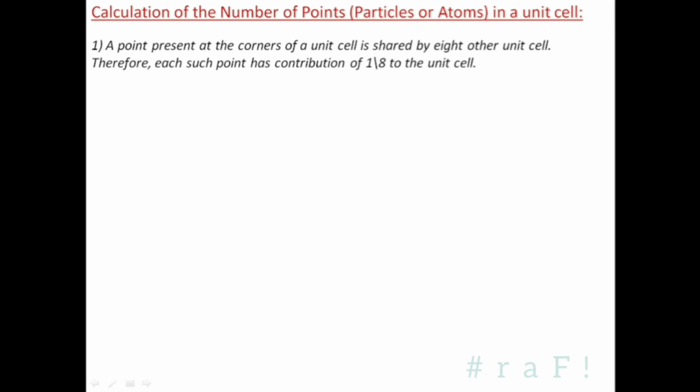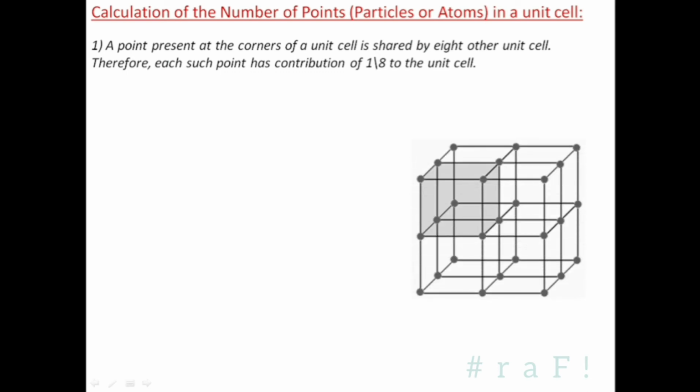What does it mean? To understand this one, take one crystal structure. See how many unit cells are there in this one. 1, 2 front and 3, 4 at the back, and 5, 6 again front, 7, 8 back.